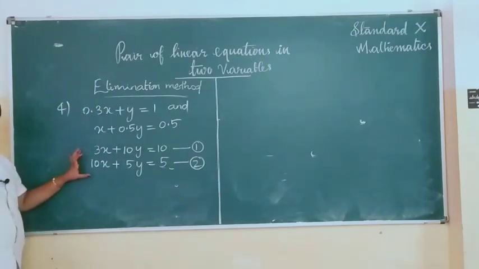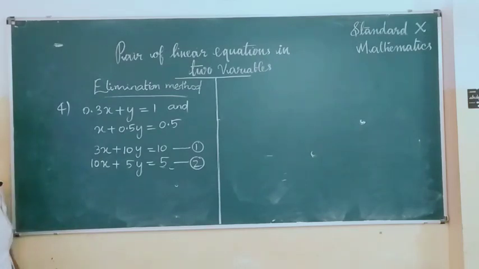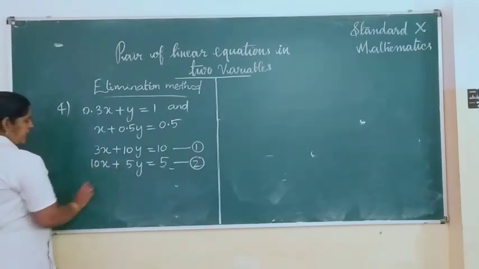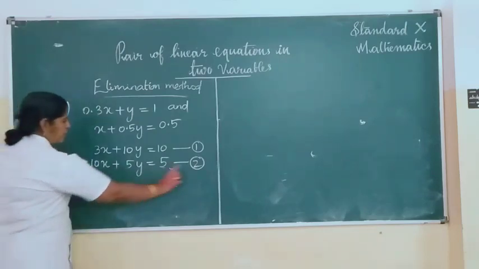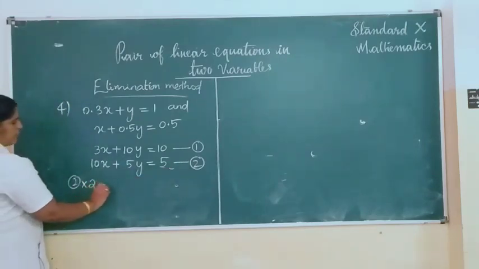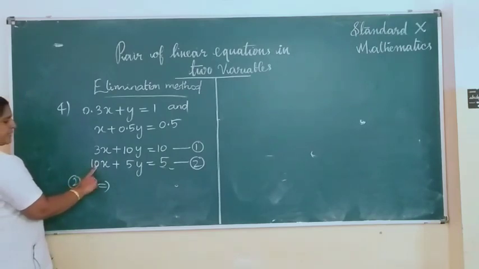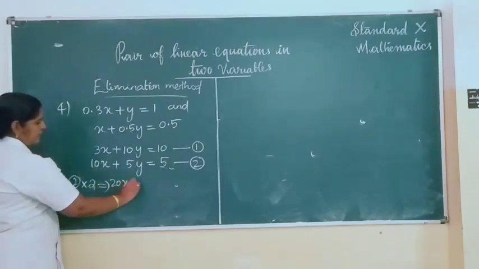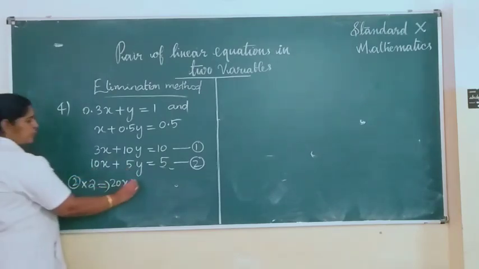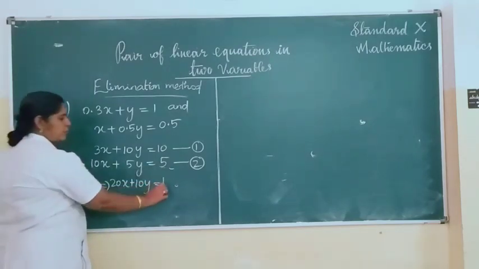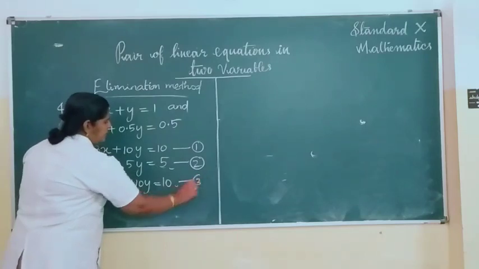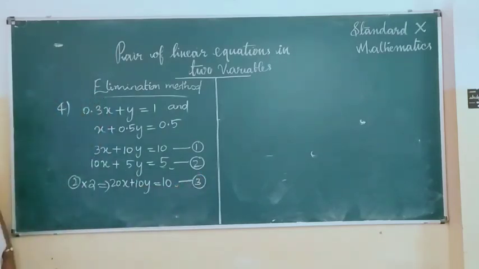So select whatever is convenient. Here, the second equation is multiplied throughout by 2. So we get 10 into 2, 20x, plus 5 into 2, 10y, equal to again 5 into 2, 10. So this is the new equation, number 3.